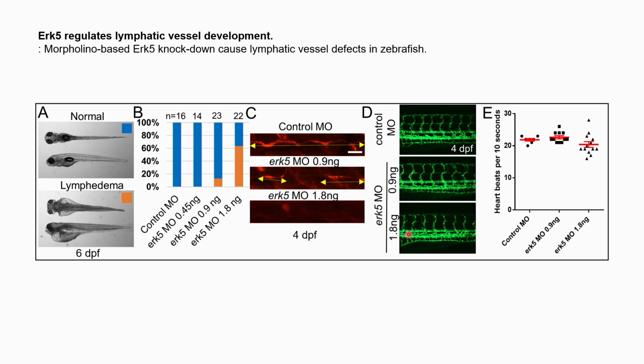However, we couldn't see any blood vessel or heart defect at 4 DPF. It suggests that ERK5 signaling is more specific to lymphatic vessels than blood vessels.